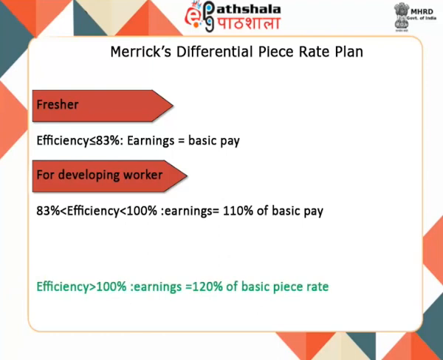When efficiency is more than 100%, then earnings is at 120% of basic piece rate for the most efficient workers. This plan, like Taylor's plan, does not guarantee minimum wages to the workers, but it is more flexible and reduces the severity of Taylor's plan by introducing multiple rates.